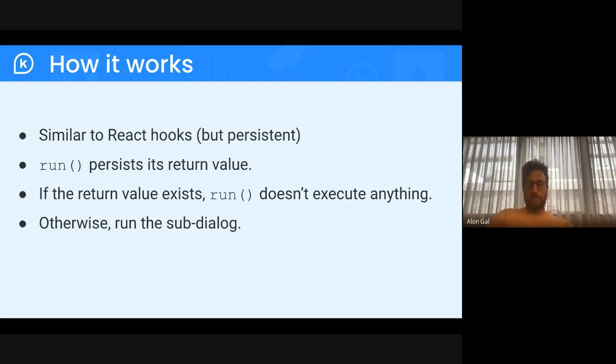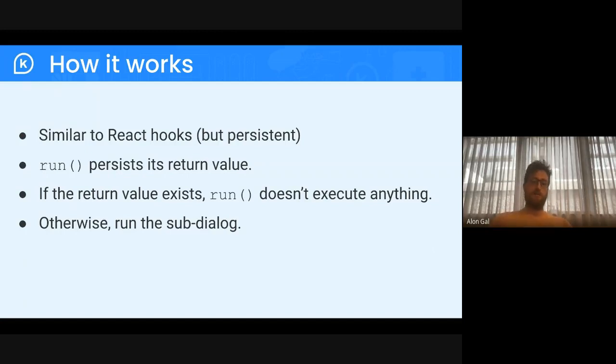Then when I reach the invocation of run in the normal Python code, I don't automatically run what's inside, but rather I check: do I already have a return value for this thing? If I do, then I just grab the return value without running anything.